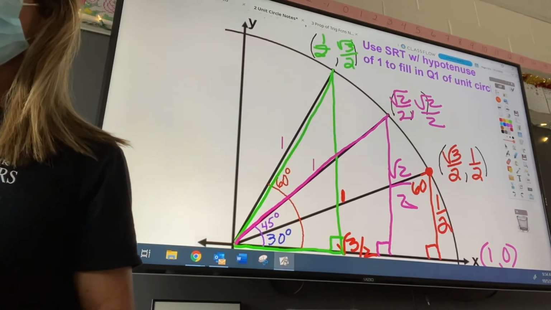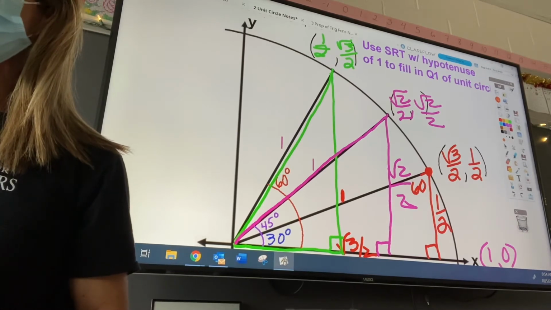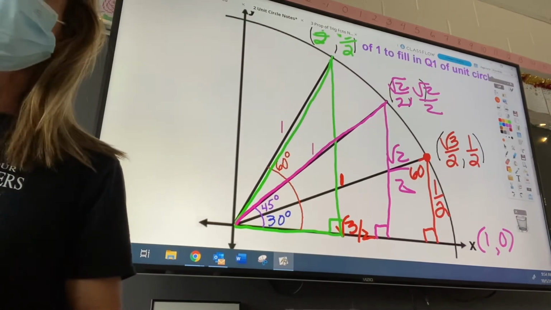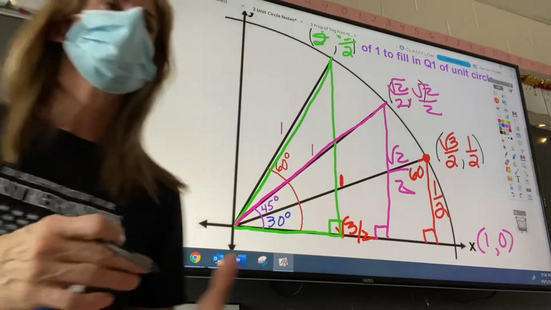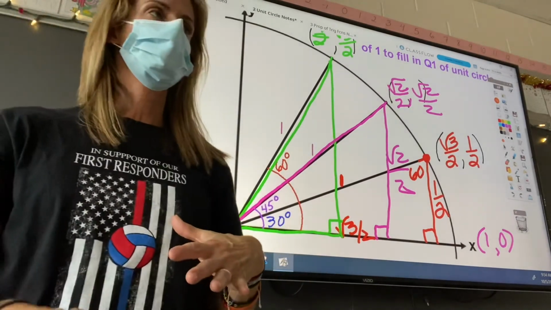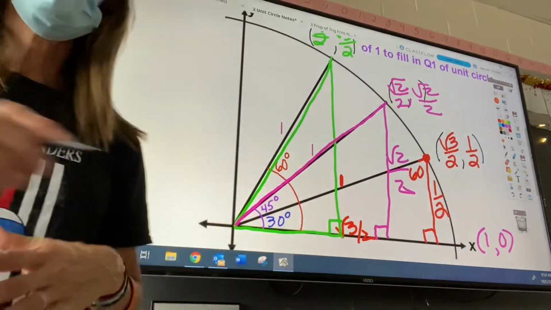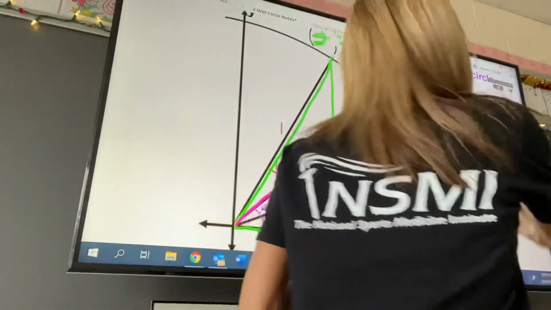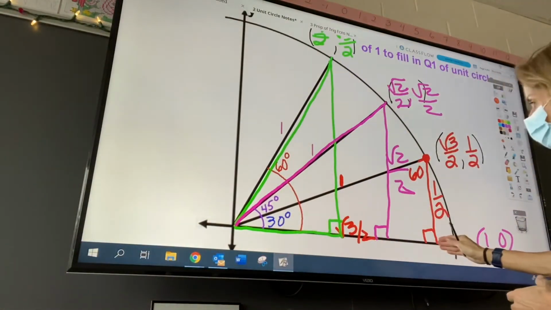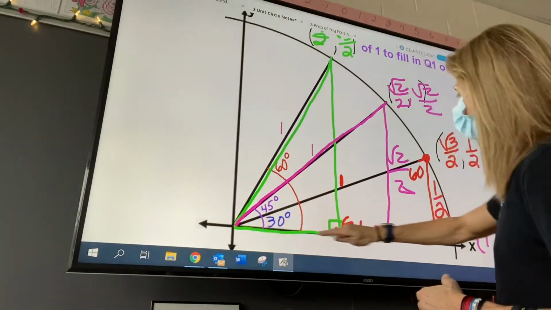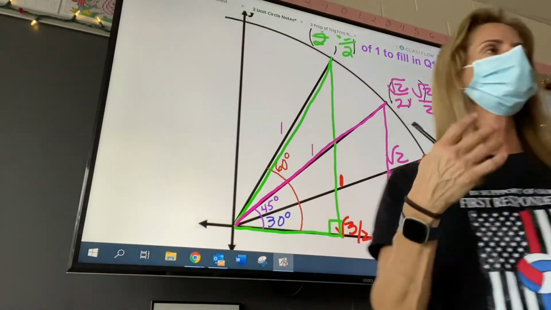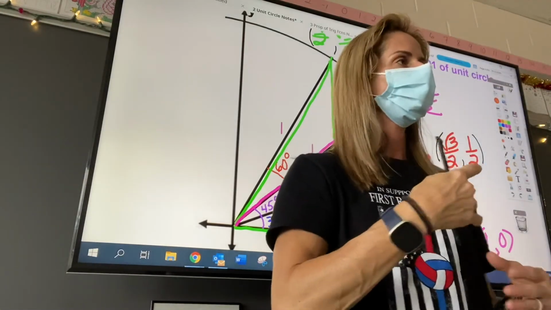Okay, as we know, the tangent in SOHCAHTOA is the opposite side over the adjacent side. So the opposite side is the y coordinate, and the adjacent side is the x coordinate. So technically, tangent is y over x, okay?